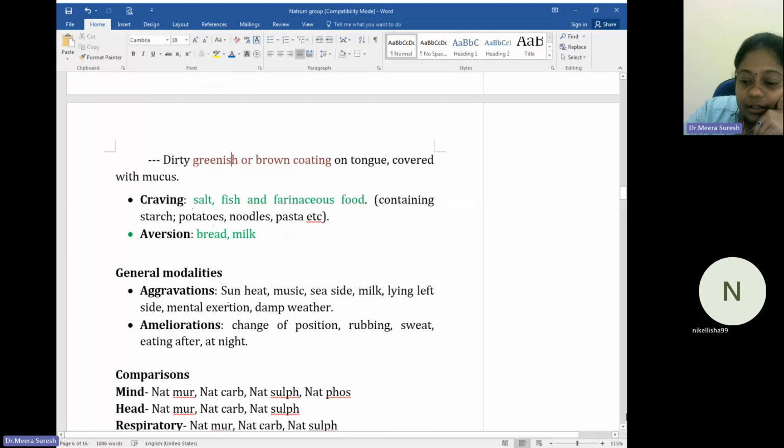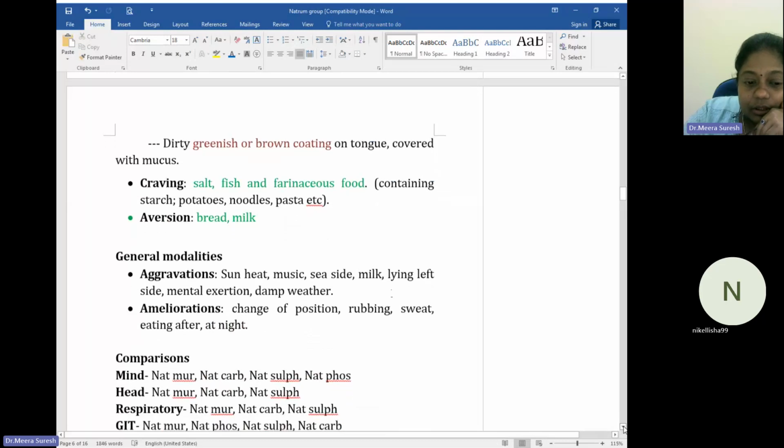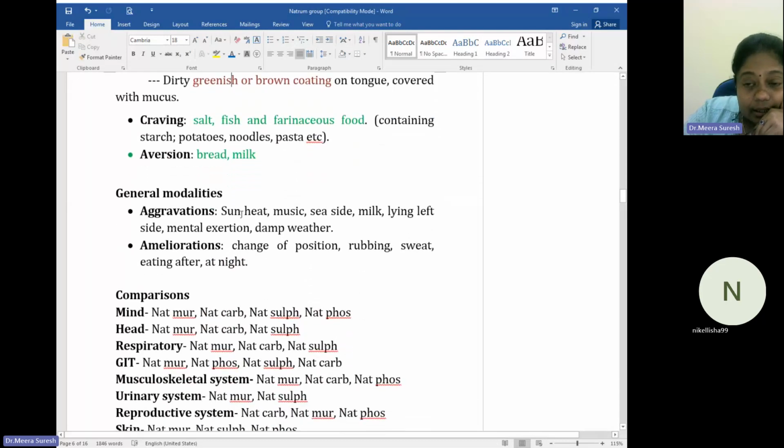Then modalities, all the modalities that we have told: we saw that the sun is an aggravation, music is a problem, they are oversensitive. Then the seaside is also a complaint, especially for Natrum mur. Though they like salt, exposure is a problem for them.